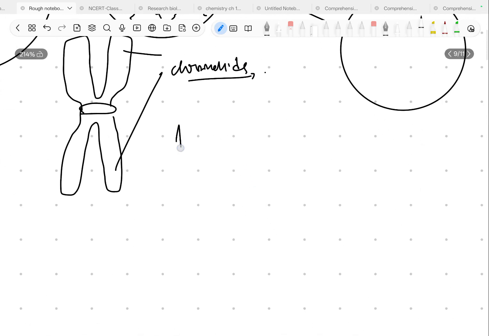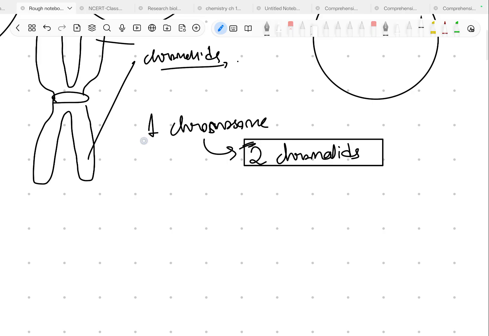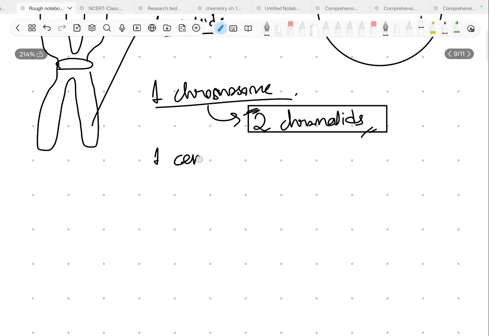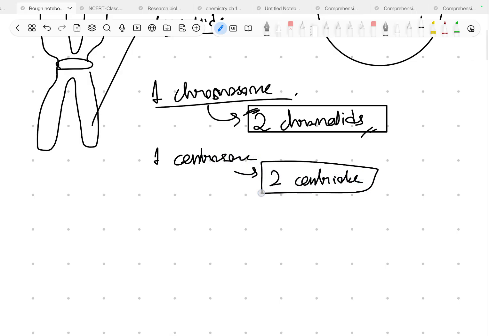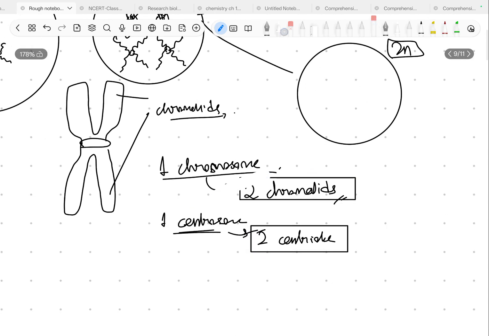In one chromosome, how many chromatids will you see? Two chromatids. And in one centrosome you will see two centrioles. So this was all the concept. Okay, let's move further.